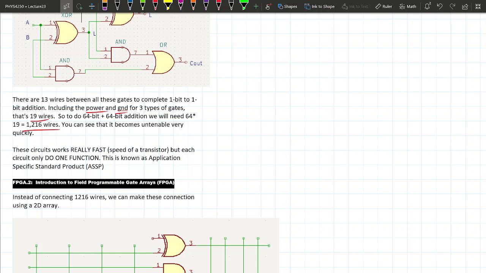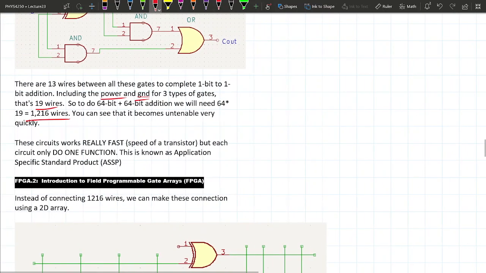Since these wires are permanently inside that chip, you cannot change them. These are known as application specific standard products, ASSP, and sometimes they just call it ASP without the standard. These are designed specifically for one task.